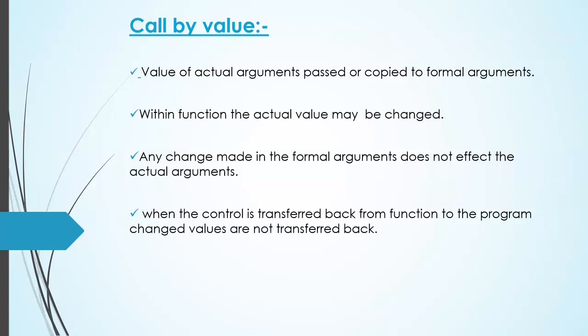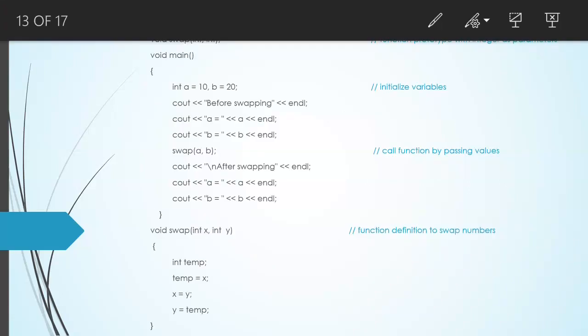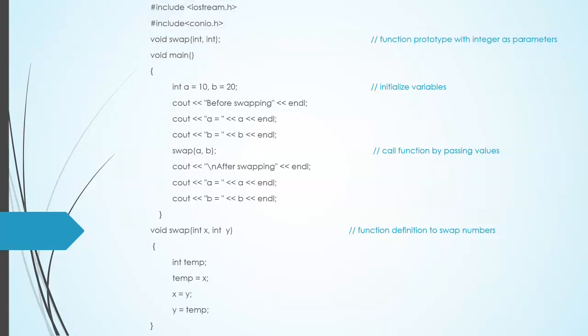Now we'll see an example of call by value. This is a simple program of swapping two integers using the call by value technique.